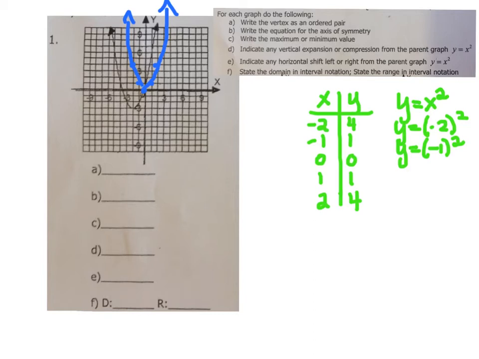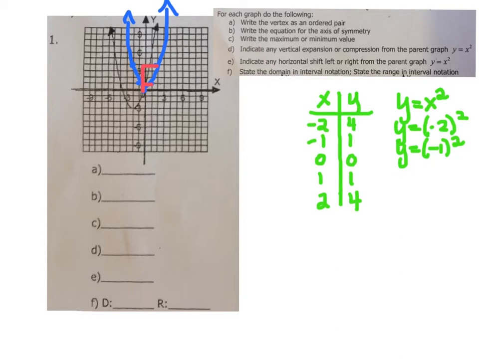Okay, and what I want you to see is this shift from my vertex to my first point. So right here, I go from my vertex up and over 1, on my parent function. And then I go up and over 4. Sorry, up 1 over 1, up 4 over 2.